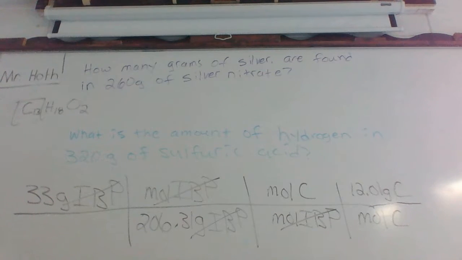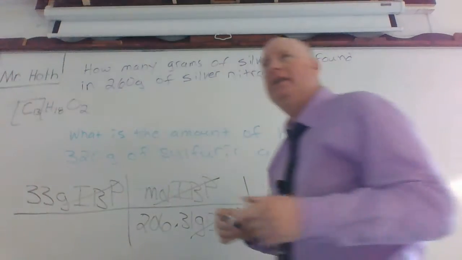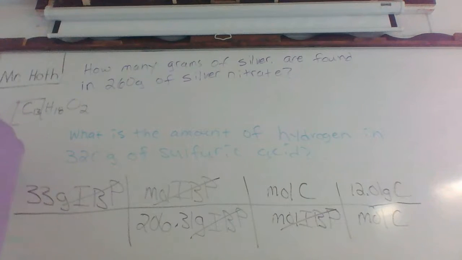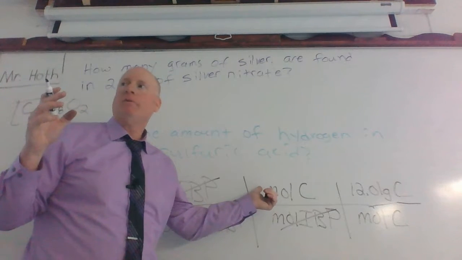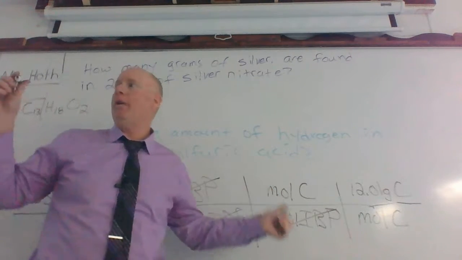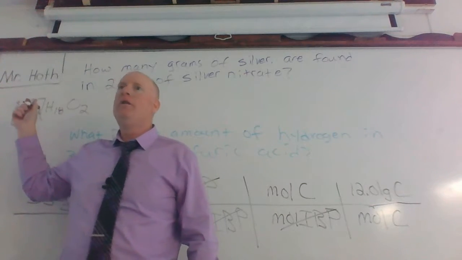And here's why. You had said something about 120, and you did that by taking 12 times what? Can you do it that way? Yes, but I would advise not doing it that way. The reason I said you're putting two steps into one, that's fine. But when we go back to our formula, what's the little subscript for carbon? How many do we have in ibuprofen? 13.